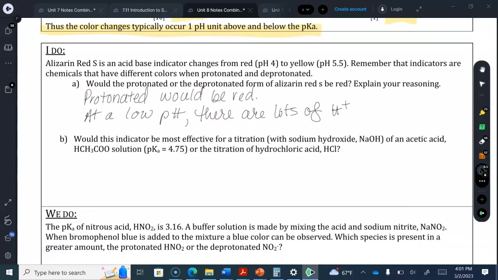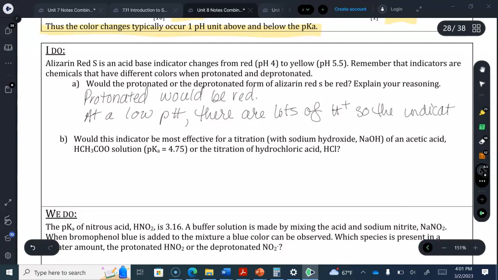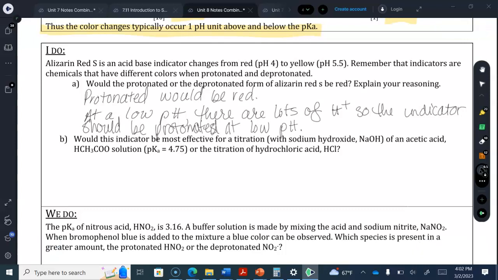So the indicator should be protonated at low pH. Okay. And thus it is red.